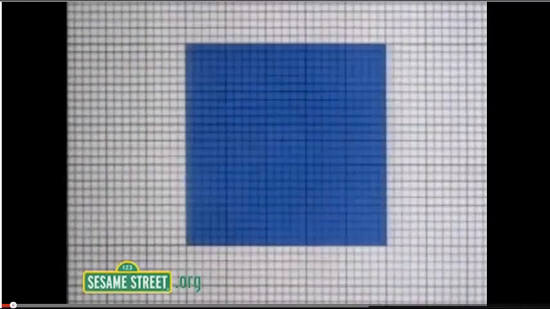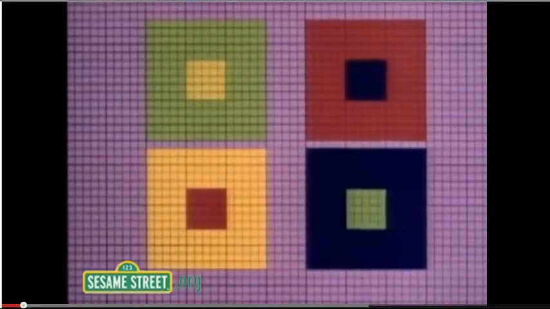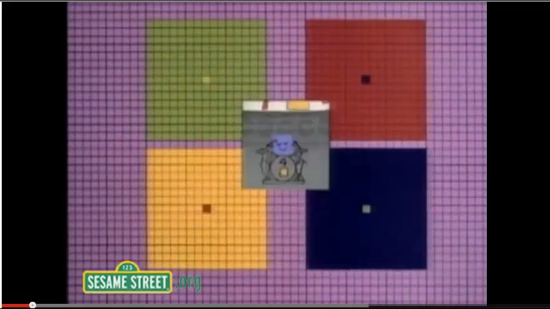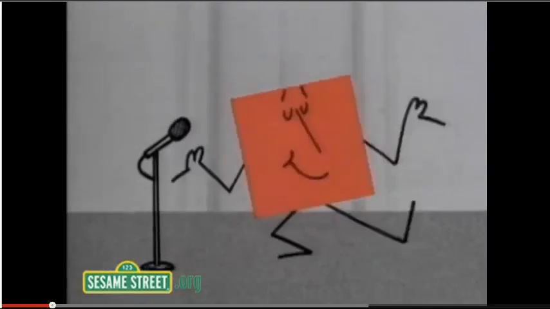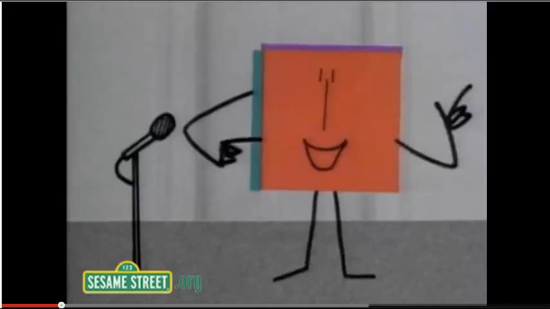I'm a square, look, I'll show ya. I got the four sides on me.